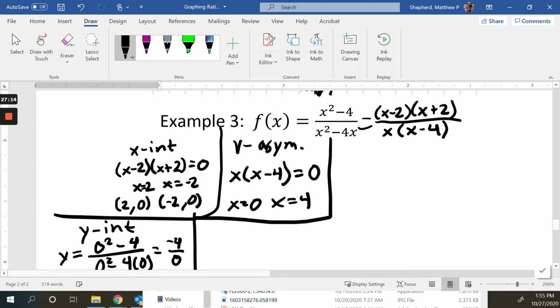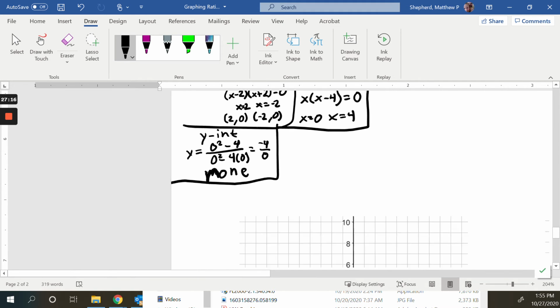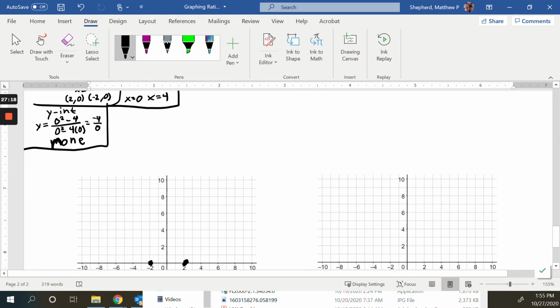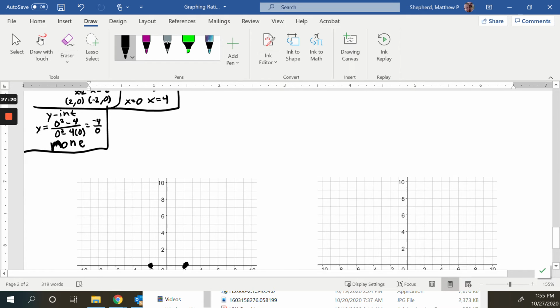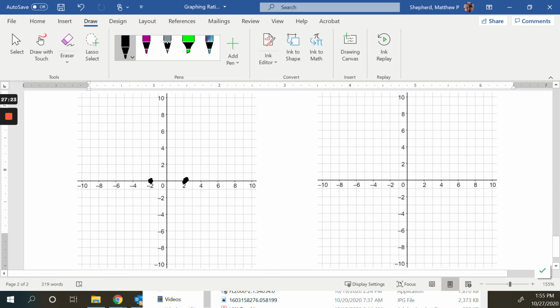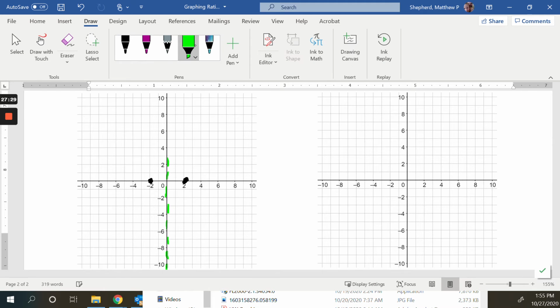And we found it. There are the two vertical asymptotes. When x is 0 and when x is a positive 4. So let's go ahead and get those in there. So here, when x is 0 and when x is 4.